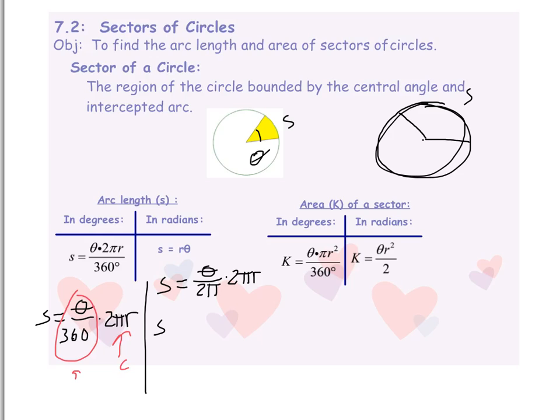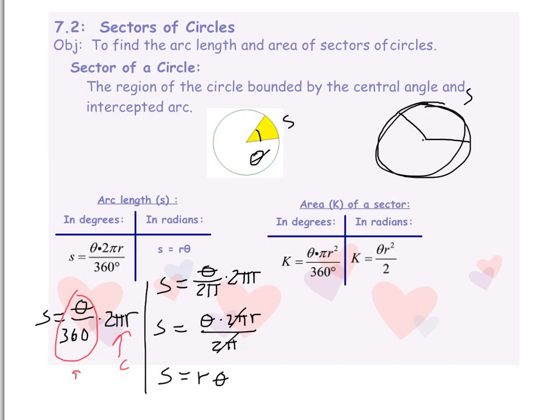Well, as I work this one through, look what happens when I have theta times 2 pi r over 2 pi. Those cancel, and there we go. An even simpler formula. The arc length is just the radius times theta. And this is, again, if the angle is in radians.